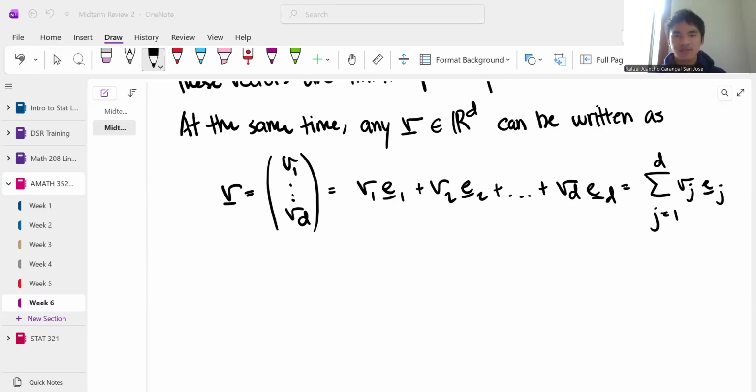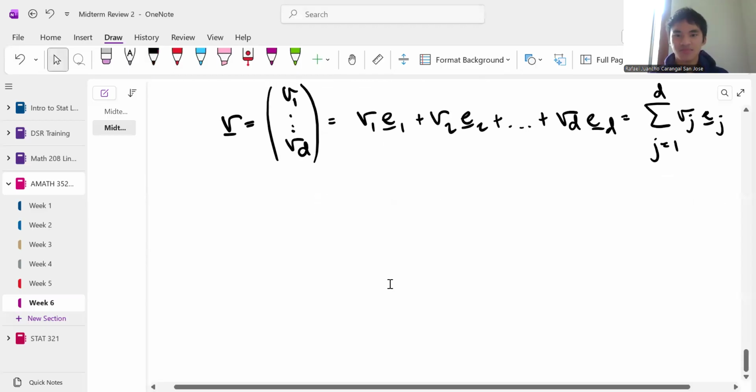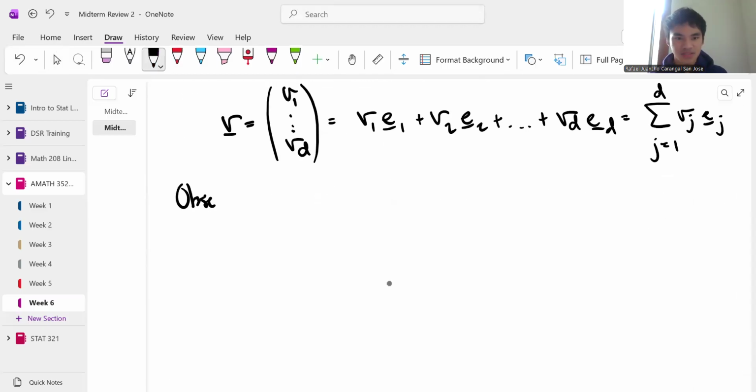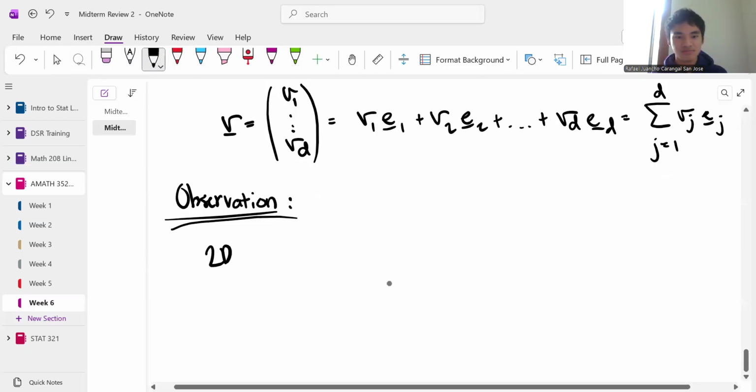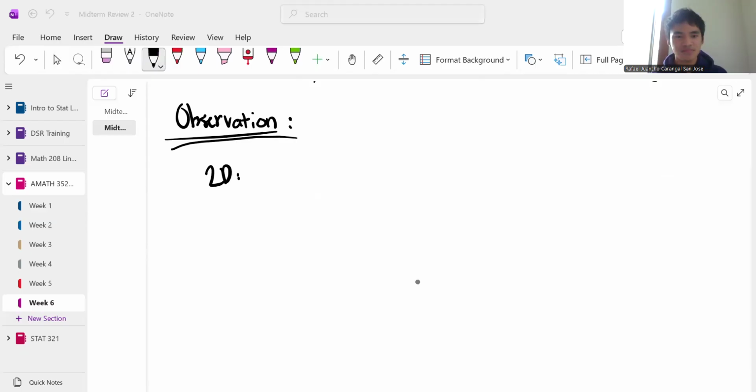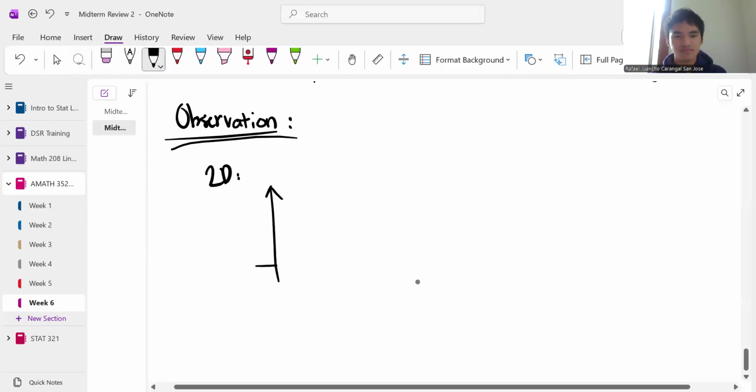Right, let's switch gears here. We're going to observe something geometrically. So in 2D, how does e sub 1 look? Like that, right?